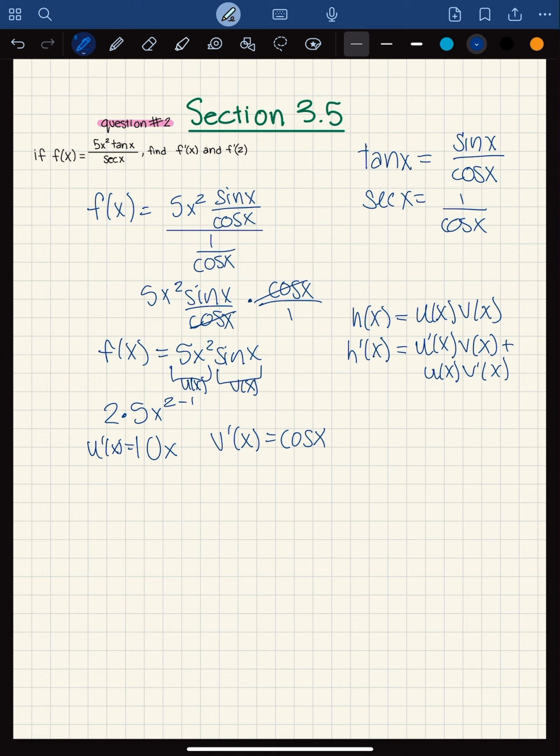Now we have u of x, v of x, u prime of x, and v prime of x. So we can just plug the values into the product rule.